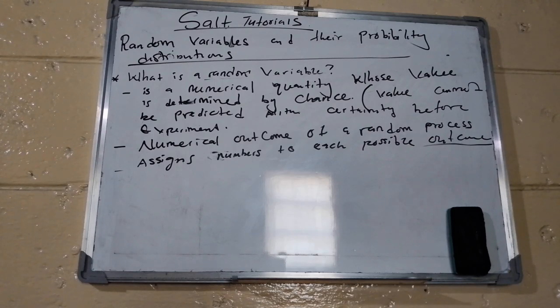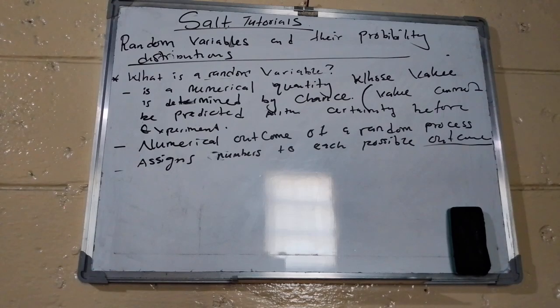If I'm talking about a sample space having a total number of possible outcomes, we can refer to those possible outcomes in terms of numerical values. So X can take up numbers for each possible outcome of those elements in the sample space.